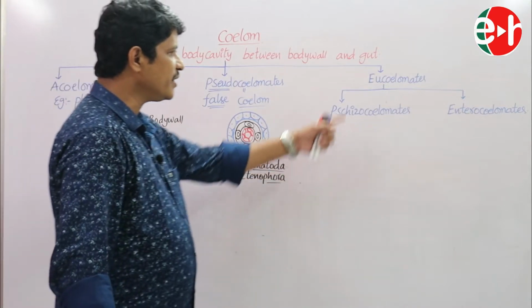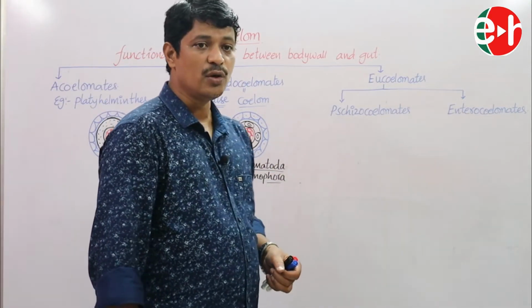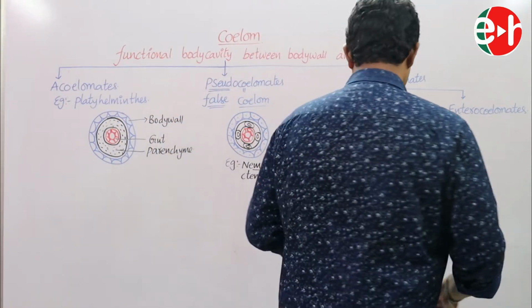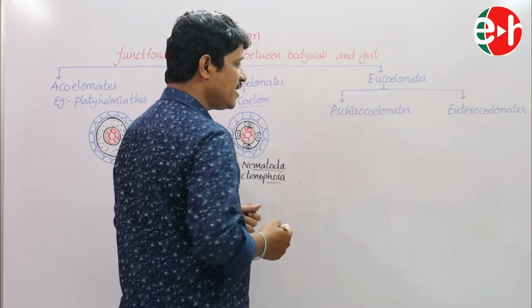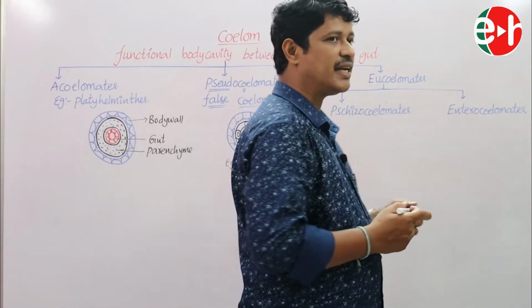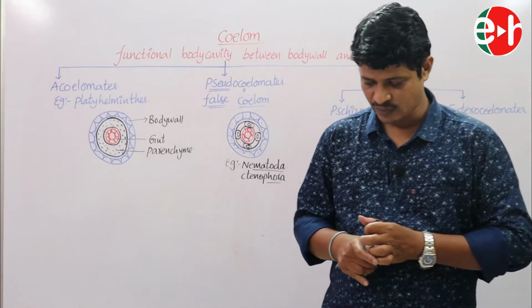Now we are going to discuss the eucoelomate animals. These eucoelomate animals are divided into schizocoelomates and enterocoelomates.